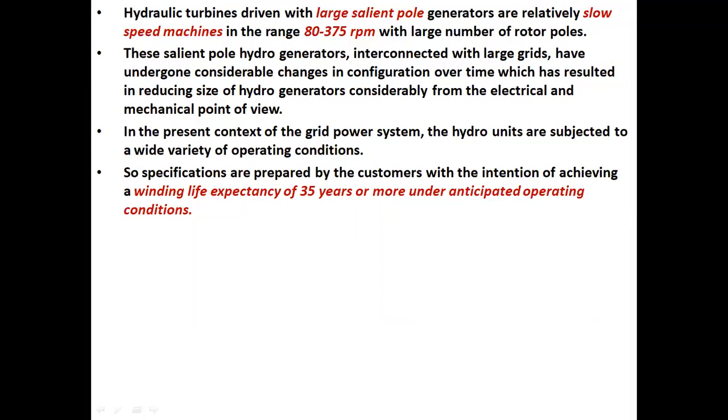These salient pole hydrogenerators interconnected with large grids have undergone considerable changes in configuration over time, which has resulted in reducing size of the hydrogenerators considerably from the electrical and mechanical point of view.